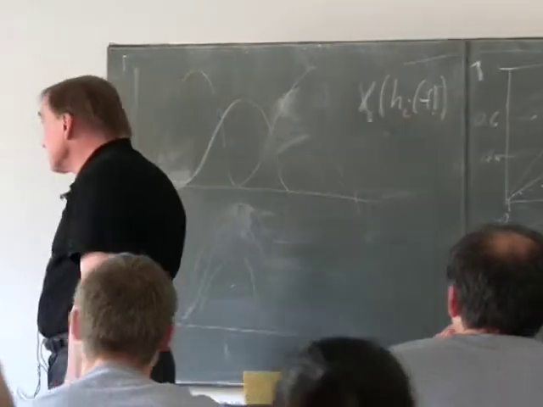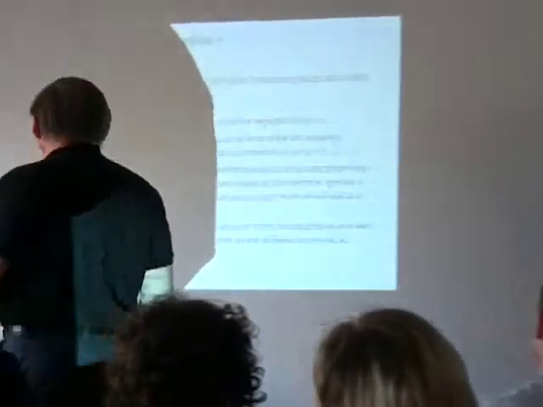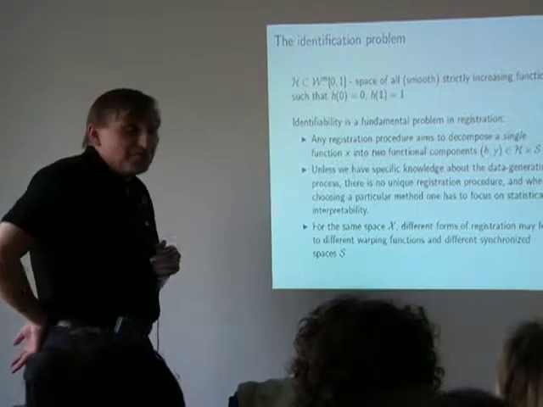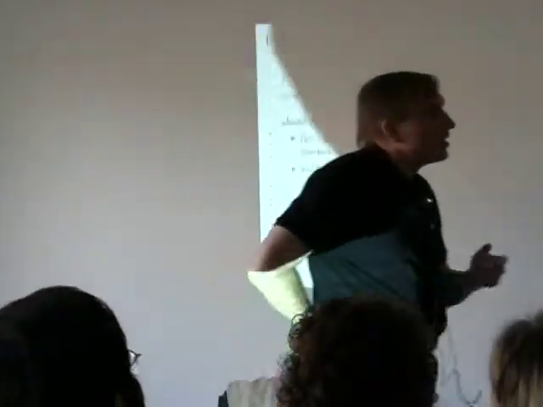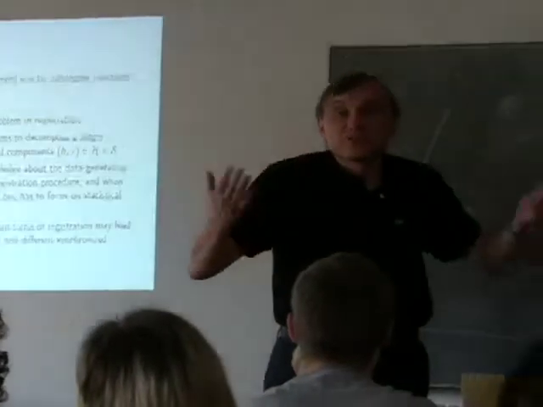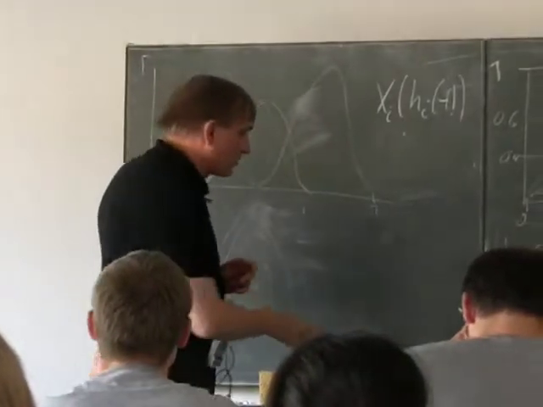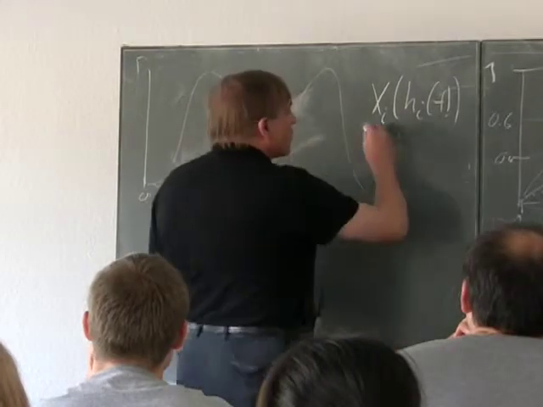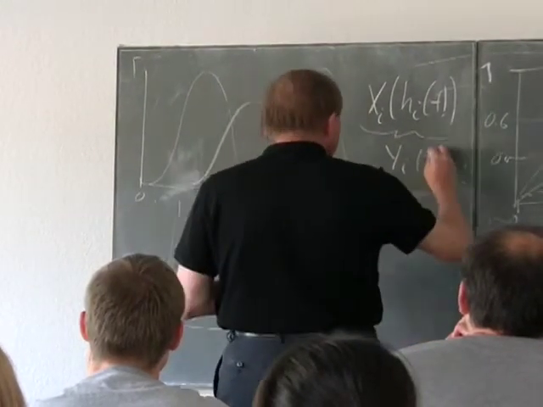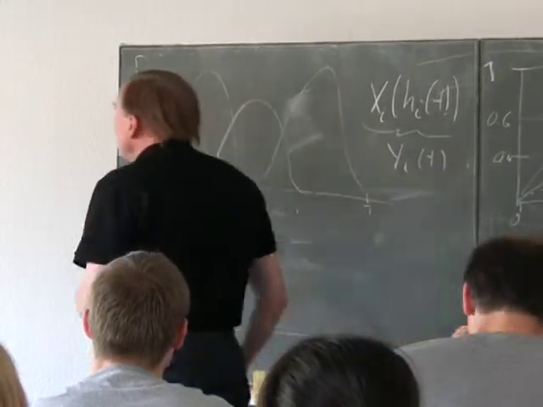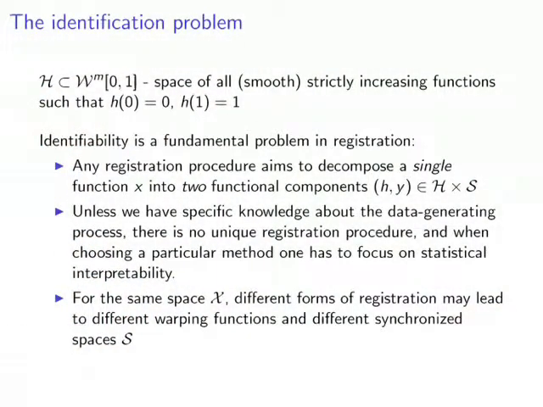Which of course means, oh my god, that's not so easy, because you split one function into two components: the h_i and the synchronized curve, the registered curve y_i. So what essentially you do is decompose a single function into two functional components: a warping function and the corresponding registered curve.